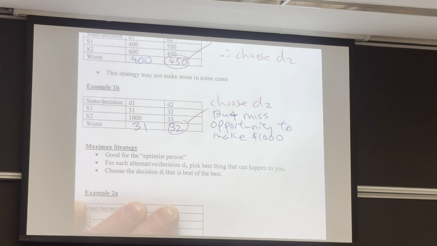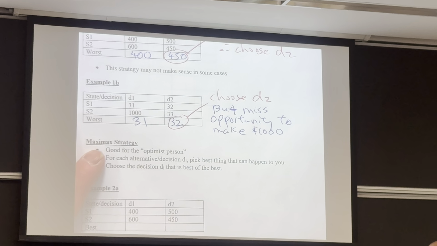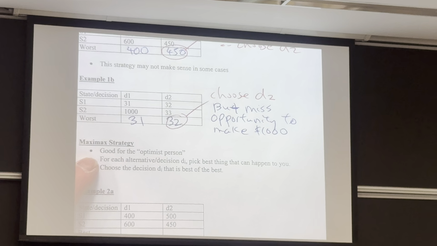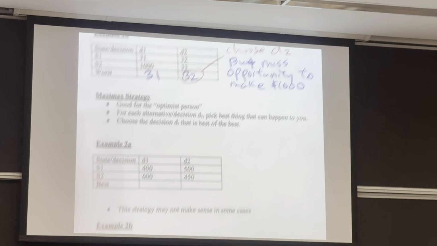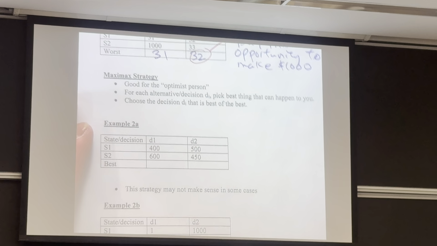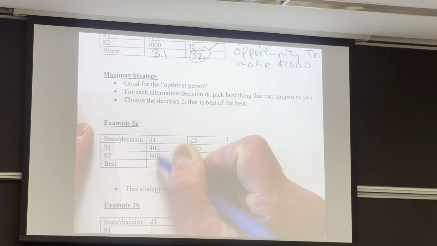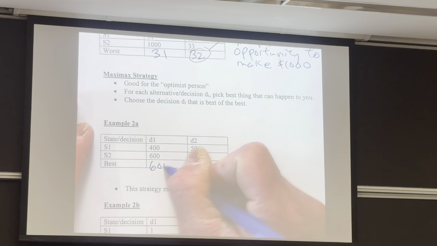Another strategy is the other extreme. The maximax is good for the optimist. Because you're an optimist, for each alternative decision, you pick the best thing that can happen to you, and then you choose the decision that is best of the best. In this example, the best thing that can happen if we choose D1 is we get 600.